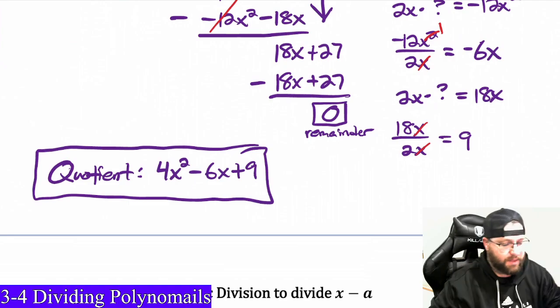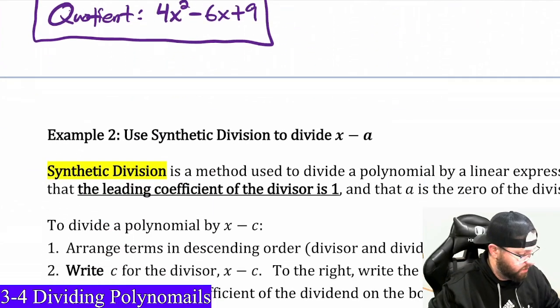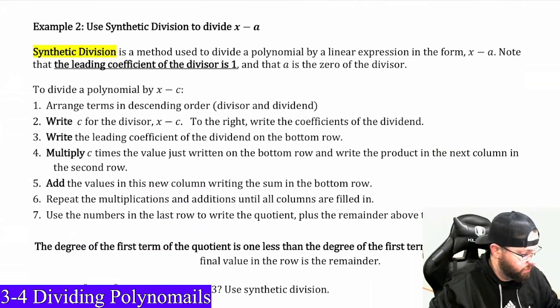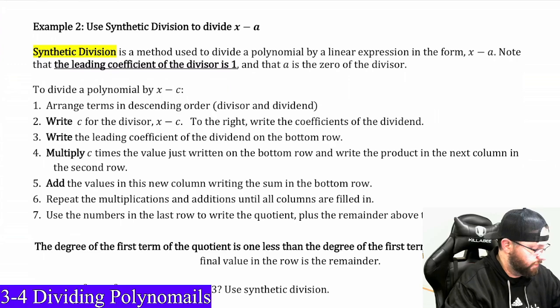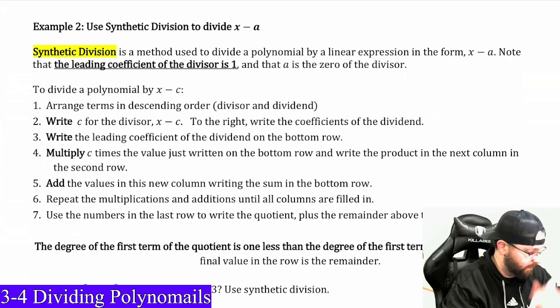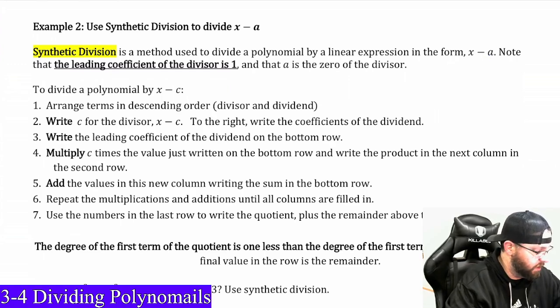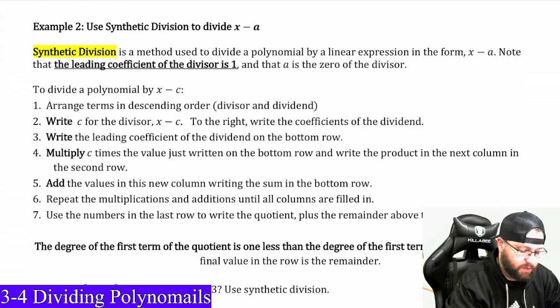The other method that we're going to learn about as well is what is referred to as synthetic division. Synthetic division is the method used to divide a polynomial by a linear expression in the form of x minus a. Note that the leading coefficient of the divisor is 1, and a is the 0 of the divisor.